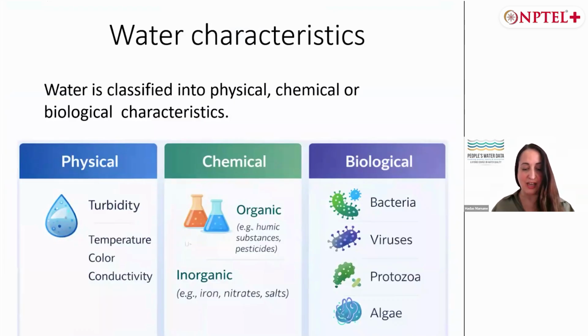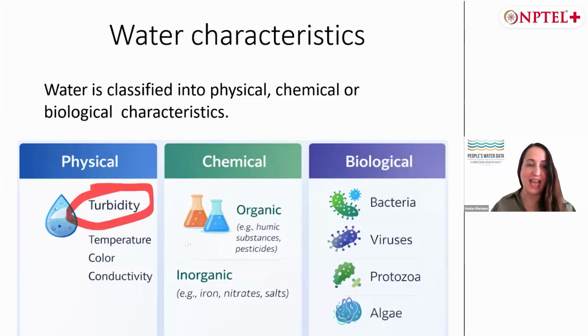All of these are indicative of both the aesthetic and the physical state of water. In addition to that, water can be classified into chemical, which relates to both the organic and inorganic molecules. We also have biological classification, which relates to the living organisms inside the water. So today we will focus on turbidity.